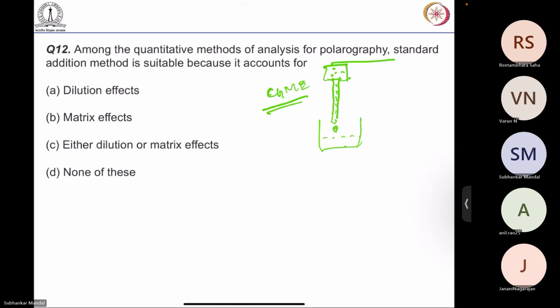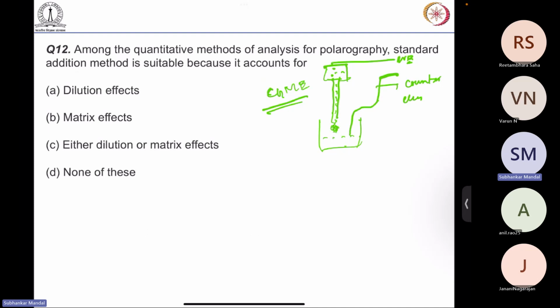mercury is there. And another mercury electrode acts as the counter or reference electrode, and this is the working electrode, and you are measuring the potential.